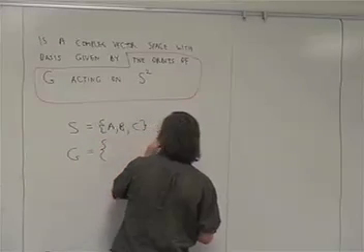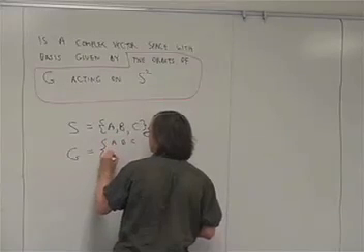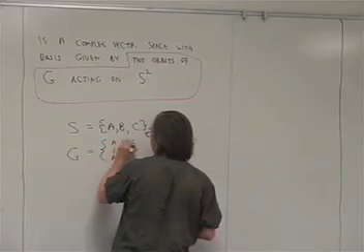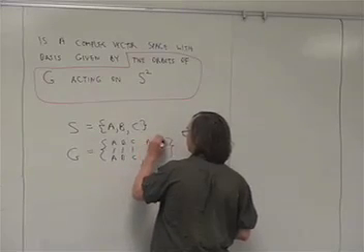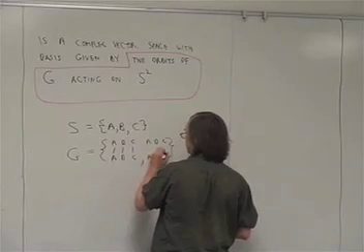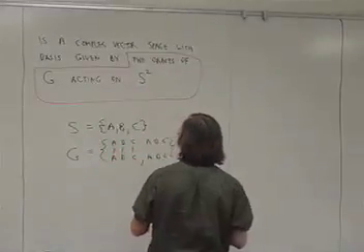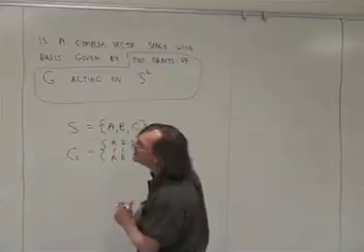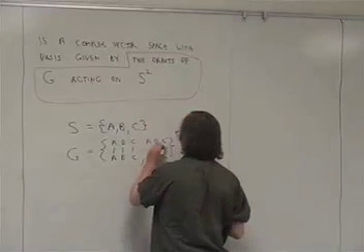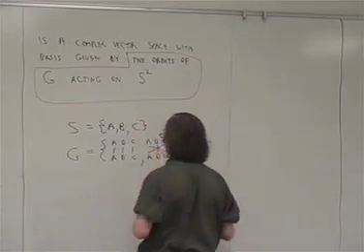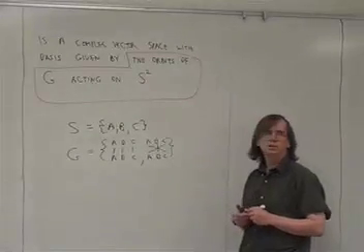I'll explicitly list the whole subgroup. So we have the identity permutation, and we have the left-right reversal permutation in our picture over there. It takes B to itself, and switches A and C. So that's our subgroup G.